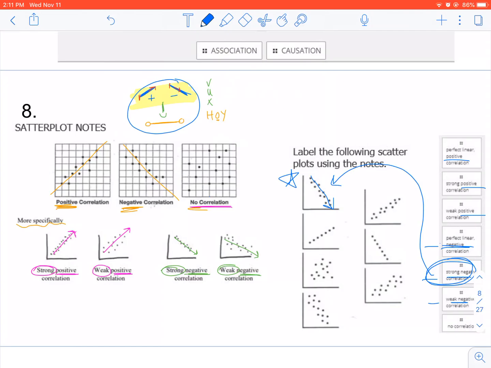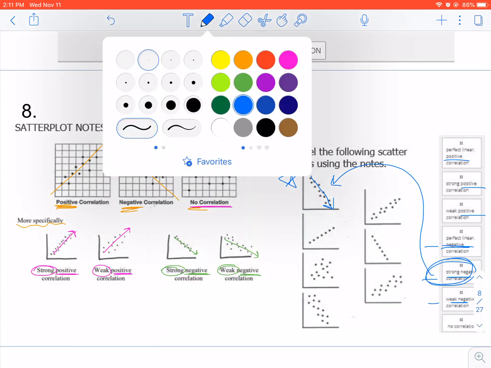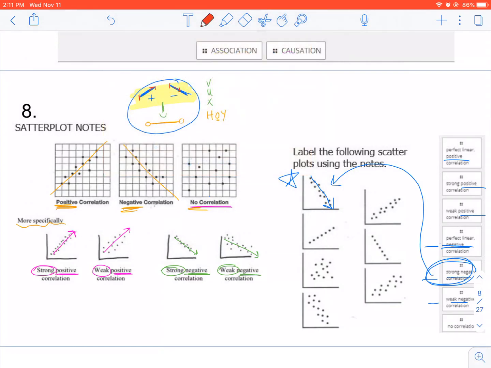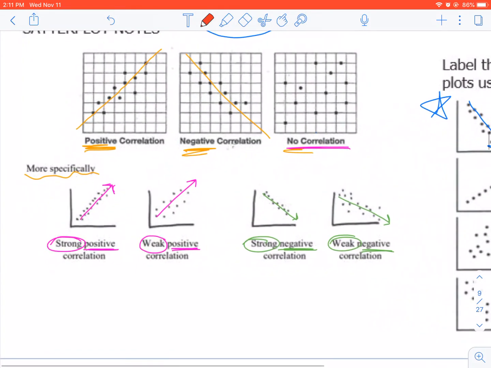You are going to finish slide 8 on your own, and the next slide is going to talk about R values, so I'm going to touch on those very briefly. When you have a strong correlation, your R values are going to be very close to 1, like maybe from 0.7 all the way up to a 1.